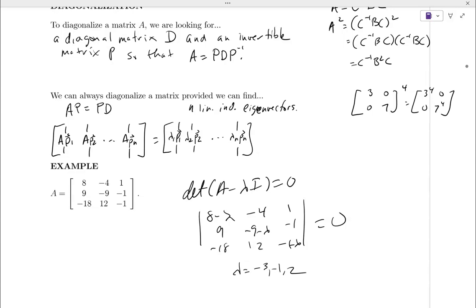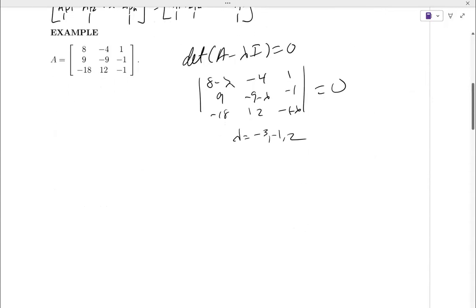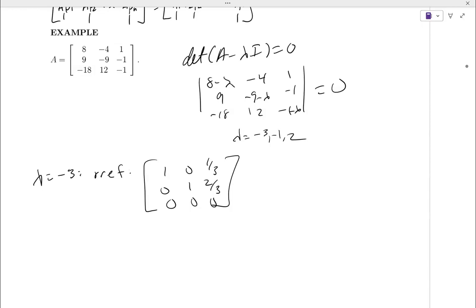All right, so let me flip. Are we okay with this command, by the way, typing it in this way? Is that okay? Good. All right. So back over here, the reduced row echelon form for lambda equals -3 is 1, 0, 1/3, 0, 1, 2/3, 0, 0, 0. Again, remember, when you do this reduced row echelon form, you always have to see at least 1 row of zeros.